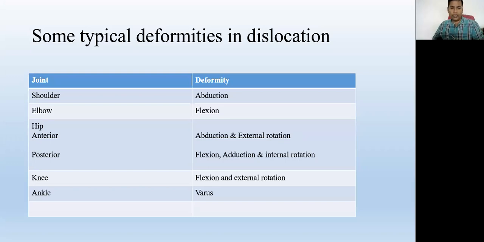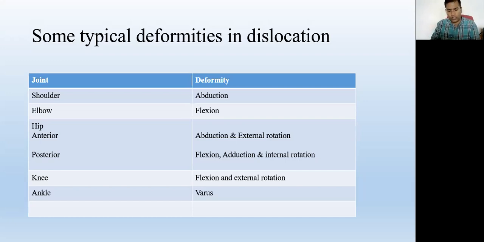In anterior dislocation of the hip joint, there are abduction and external rotation. Flexion also is there, I just forgot to write it here. Sorry, flexion is in the posterior dislocation.